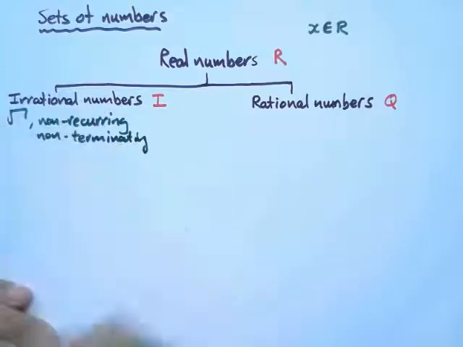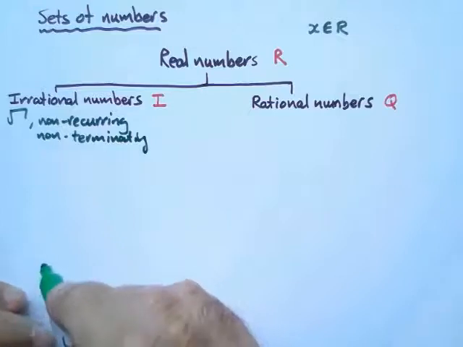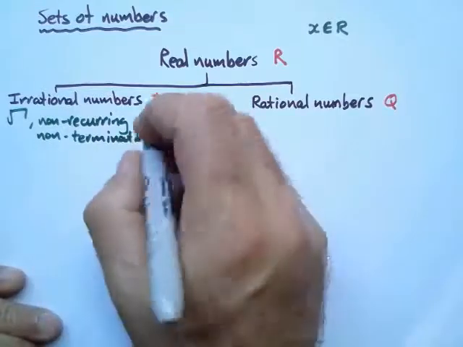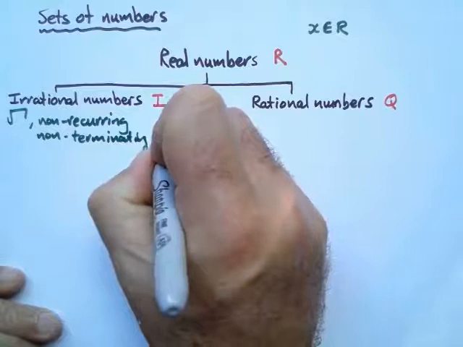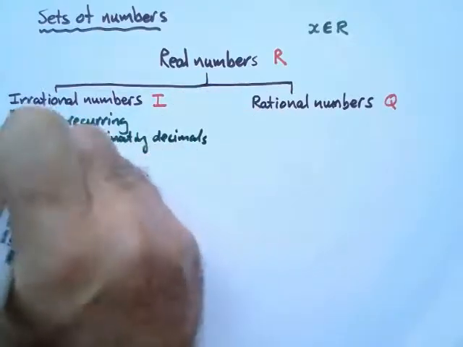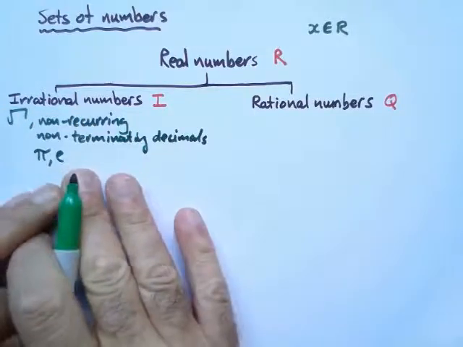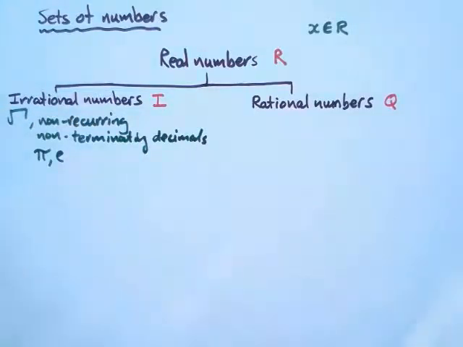So surds, non-recurring and non-terminating values. That's values like pi and e and things like that. Not to worry too much about this. More important is the rational numbers.